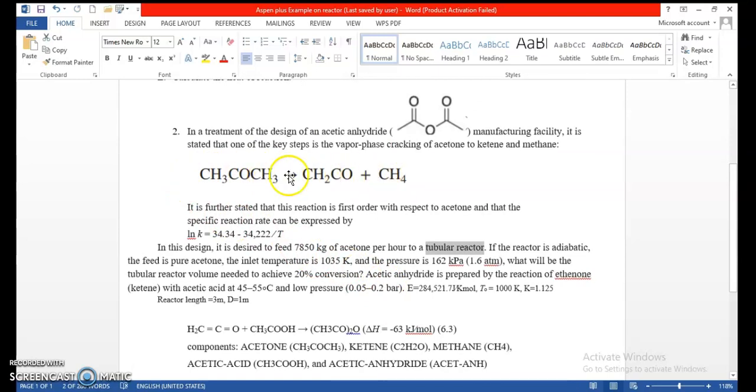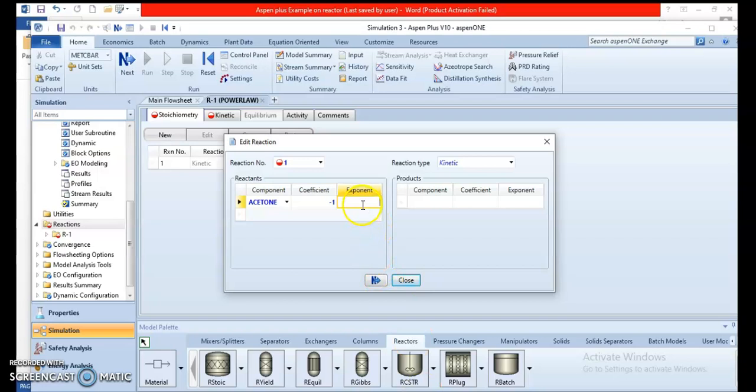That means their coefficient is 1, and we are also told that the reaction is first order, so the exponent would be 1. On the product side we have ketene and also methane. The coefficient is 1 for each of them.